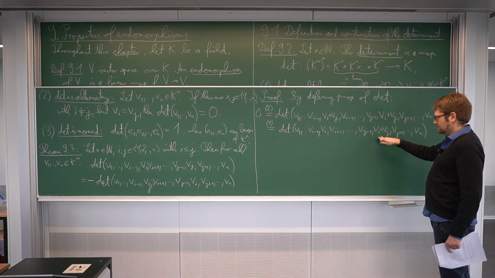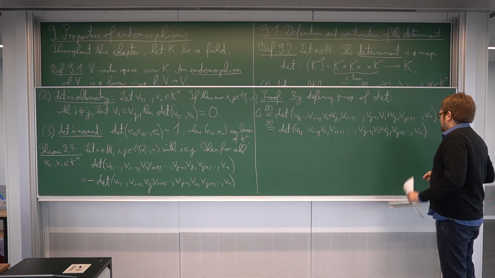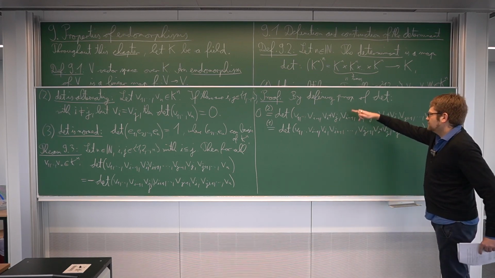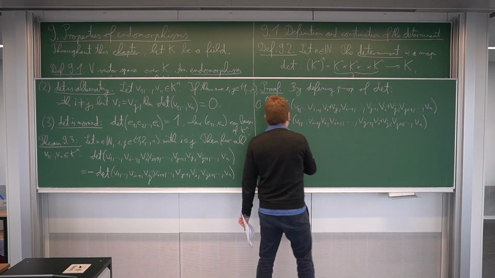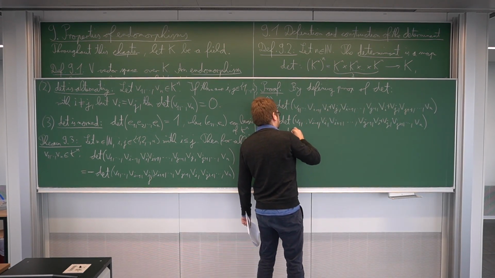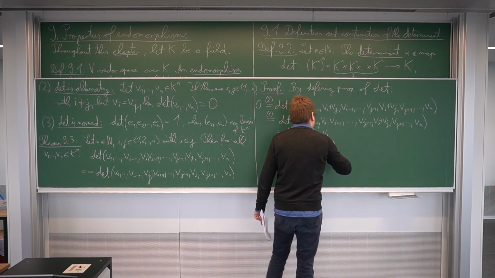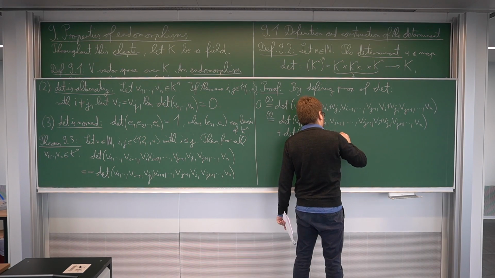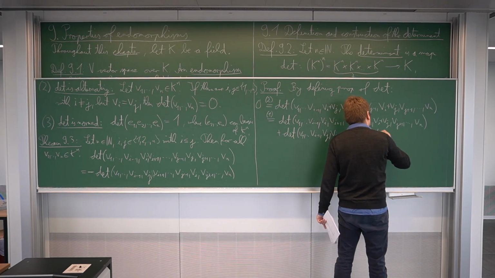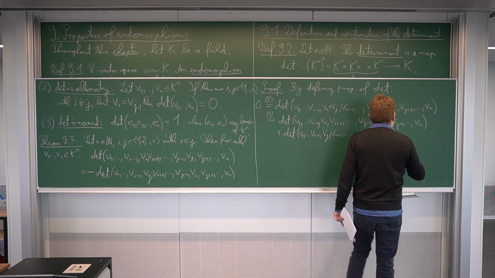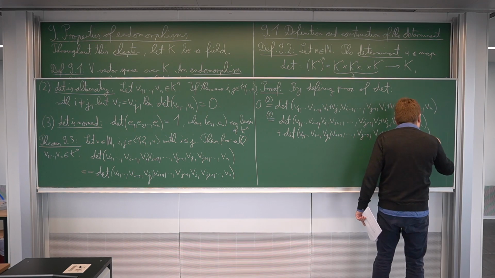So here we keep this fixed and expand the first one. This is the first summand, plus the determinant of v1 to vi minus 1, vj, vi plus 1, and so on, vj minus 1, here everything is as it is, vi plus vj, vj plus 1, vn.